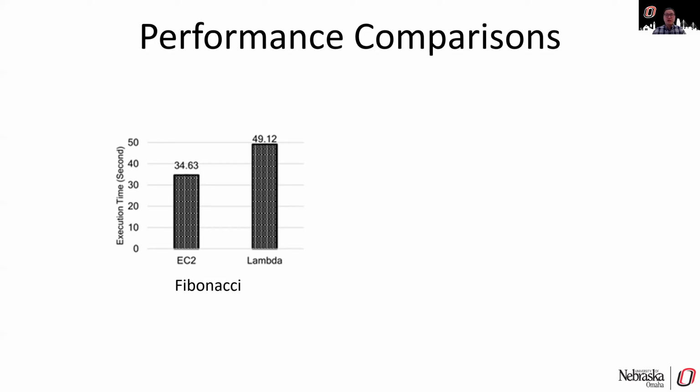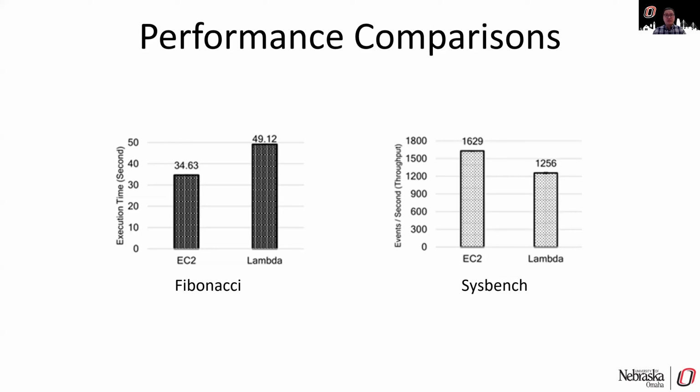For example, we ran the Fibonacci function on EC2 and Lambda, and found that the virtual machine provides better performance than Lambda using the same amount of compute resources, dual core and 2 gigabytes of memory. We found a similar result using Sysbench, which is a popular system benchmark. Virtual machines provide better performance than Lambda.